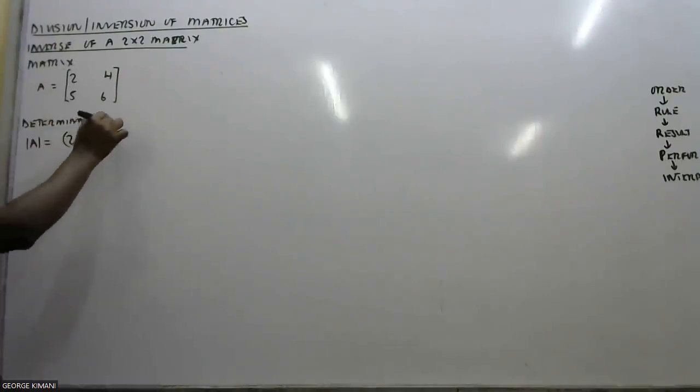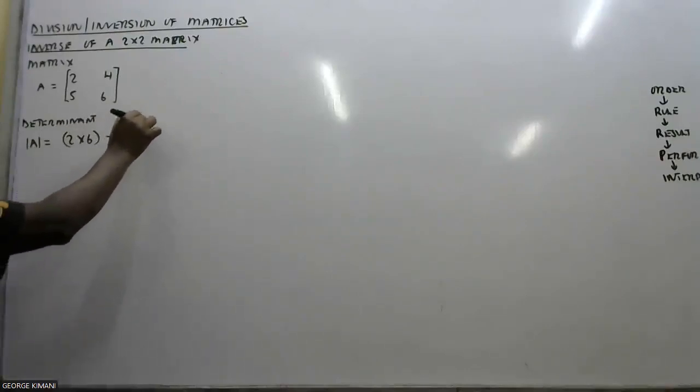And what you do, you get the major diagonal elements, you multiply them. That is 2 times 6. Then you less the minor diagonal. The minor is 5 times 4. That is how you get the determinant. So what is the answer?